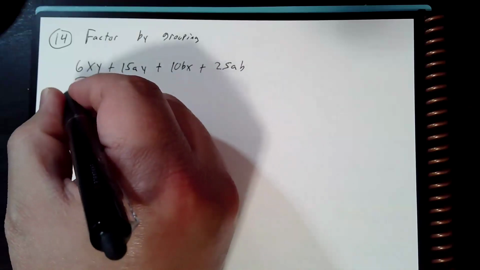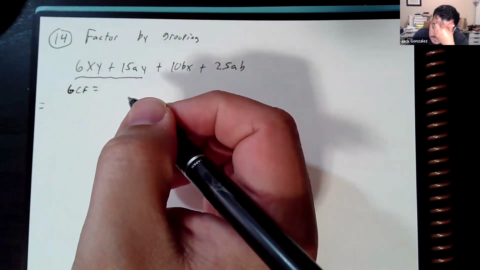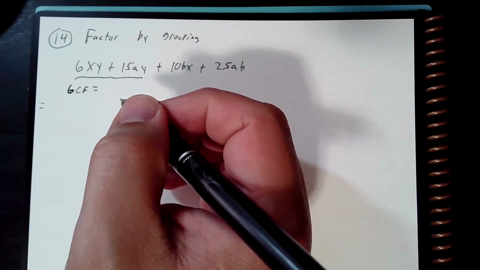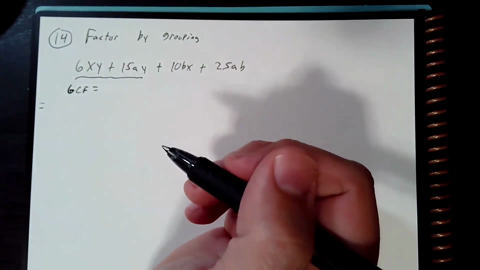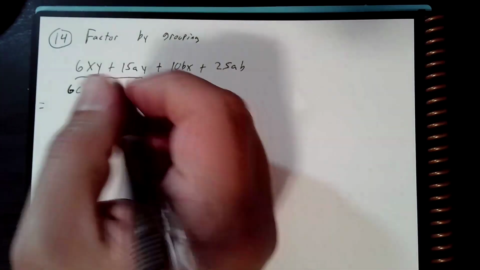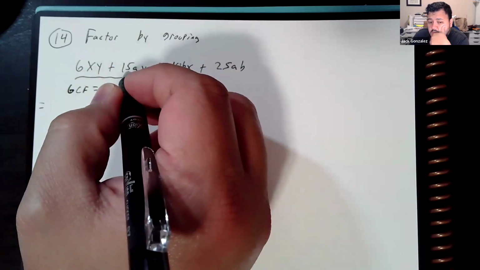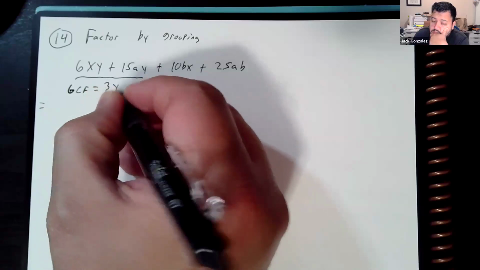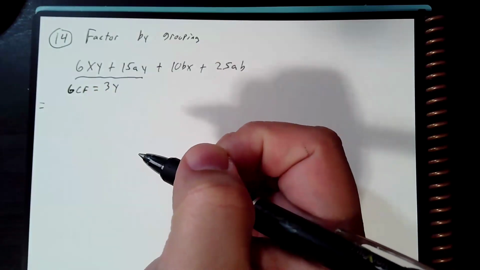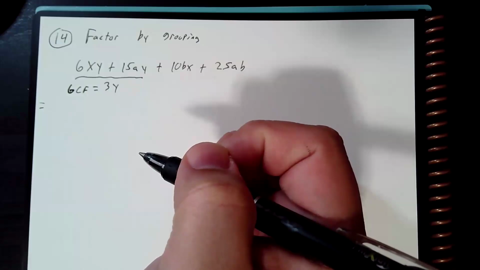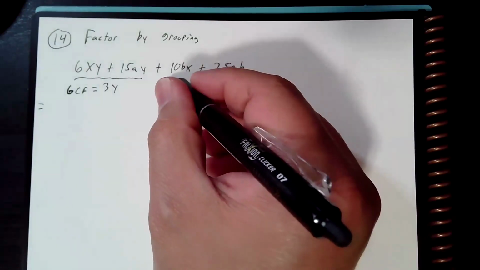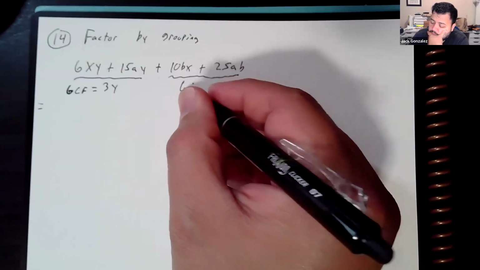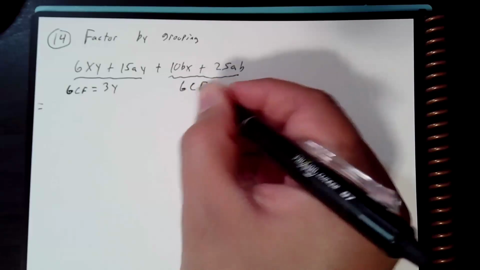Y, and what else? 6 and 15, they both have a 3, right? Do you agree that they both have 3y in common? Okay, so I'm not showing all the steps this time, but if you don't see it or have an issue, let me know.